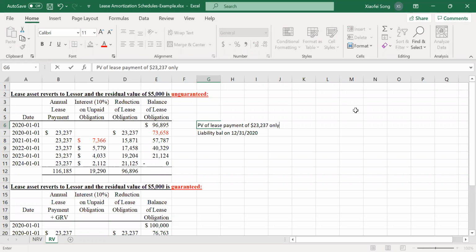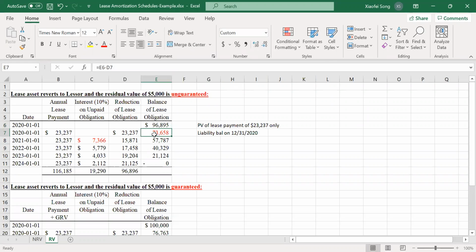There's no 5,000 residual value, so that's why it's less than 100,000. And to read this amortization table, this is the balance at the end of the first day's transaction, after the lease is capitalized and after the first payment is made and recorded.